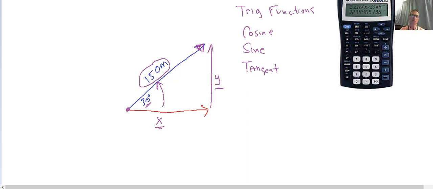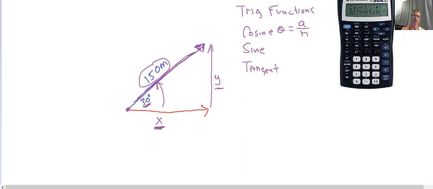And what does the cosine equal? Well, the cosine of an angle, say angle theta, is equal to the adjacent side over the hypotenuse. So the cosine of this angle 30 degrees is equal to the adjacent side of the triangle divided by the hypotenuse of the triangle.